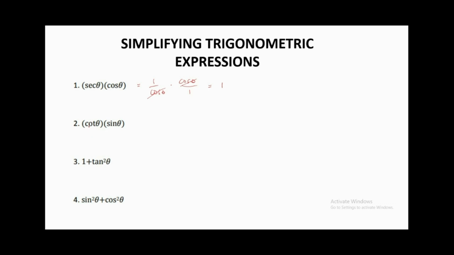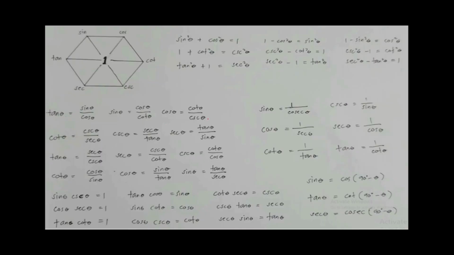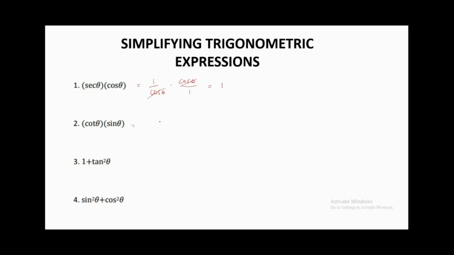Number 2, cotangent theta times sine theta. Of course, we're going to rewrite this function into sine or cosine. So cotangent, based on our identity here, is the reciprocal of tangent. So cotangent will be cosine theta over sine theta.